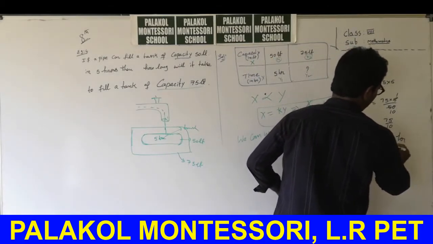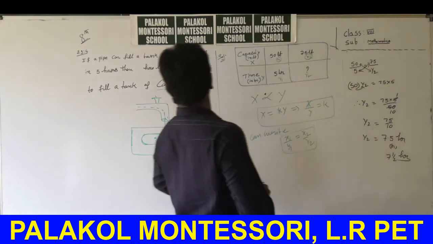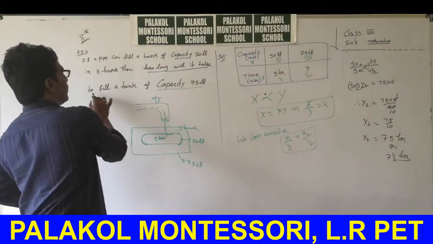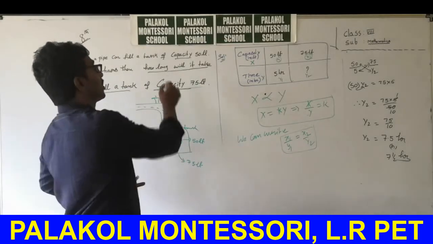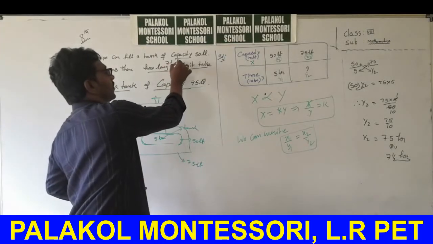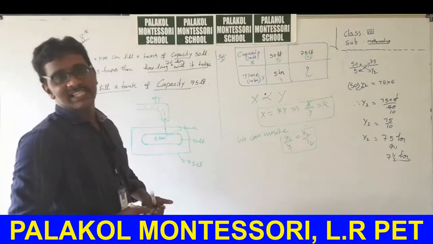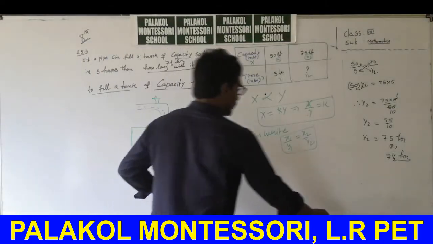That means 7 1 by 2 hours. So how long will it take to fill the tank of capacity 75 liters? 7.5 hours. Is it clear? Okay. Now I do one more sum.